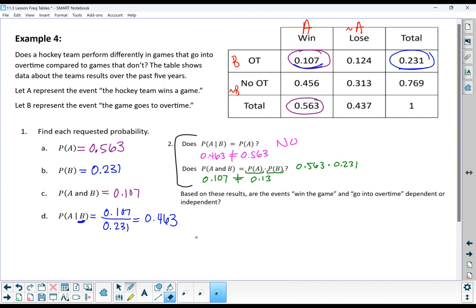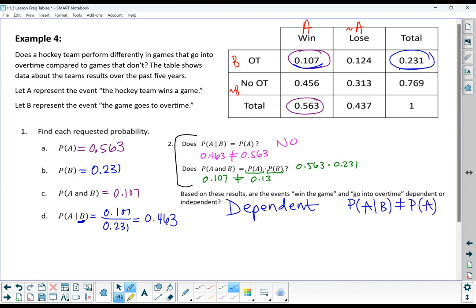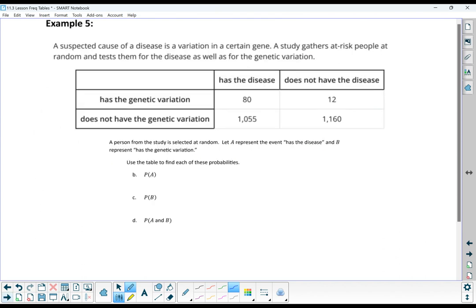They're not equal, so they're dependent. And you can probably see why I prefer the first one. It's because I don't have to do an additional calculation. For the second check, you would have to do this additional calculation. So you can use this first check if you prefer it.